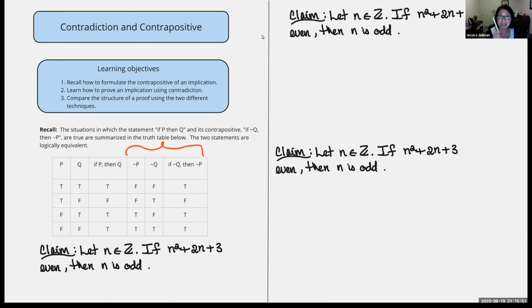And remember, if the premise is false, the implication is automatically true. So that's why the first row is true. And in the second row, you have not Q is true, but not P is false. And that's the only time an implication is false, when the premise is true and the conclusion is false. And that's why that row is false, okay?